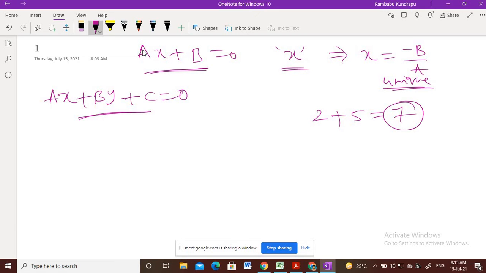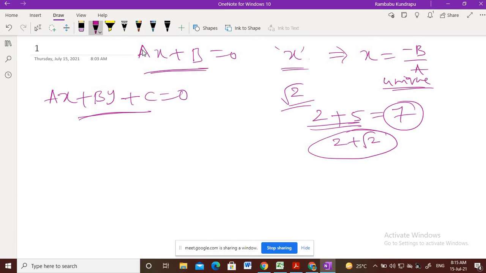Sir, is root 2 a constant? Yes, root 2 is a number, and every real number is a constant. Then 2 plus root 2 is one number.